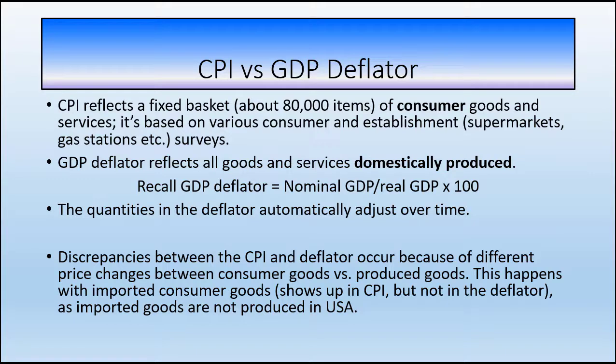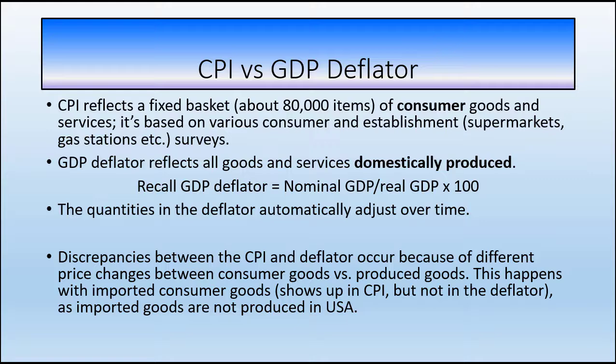And the GDP deflator is designed to capture the inflation rate that's embedded or implicit in GDP. And recall, the deflator is the nominal GDP divided by real GDP, where the real GDP number is basically using base year prices adjusted for changes in quantities.